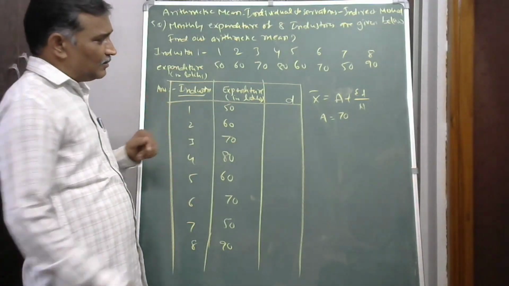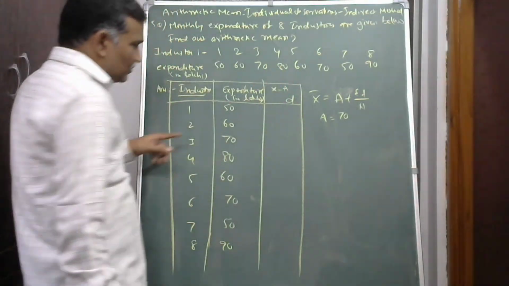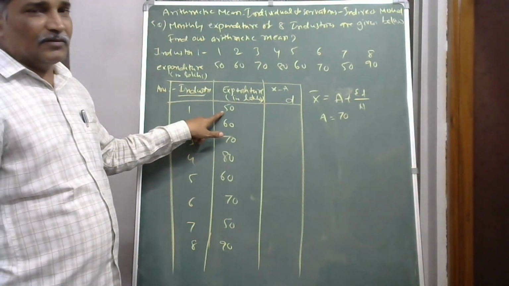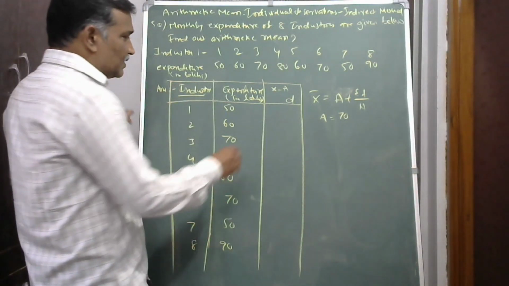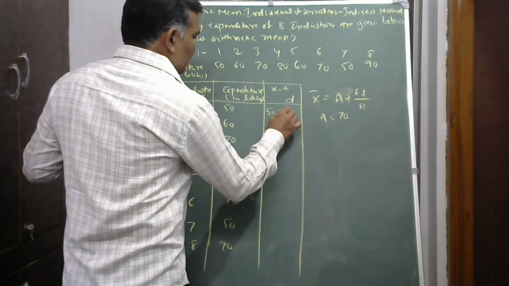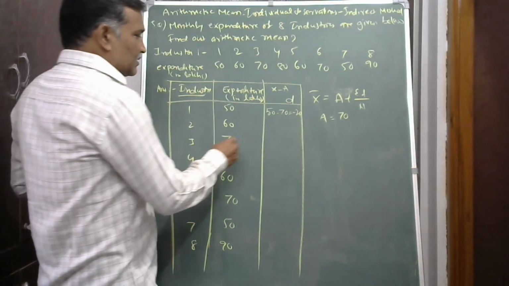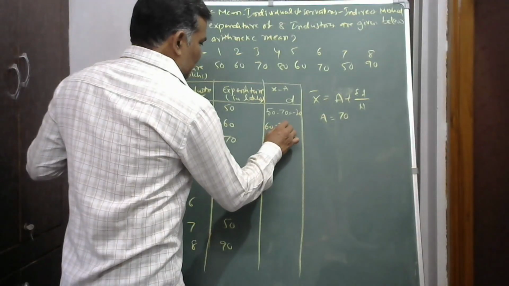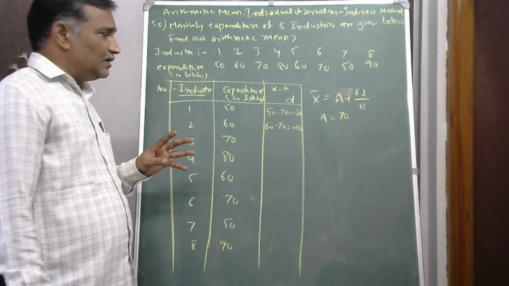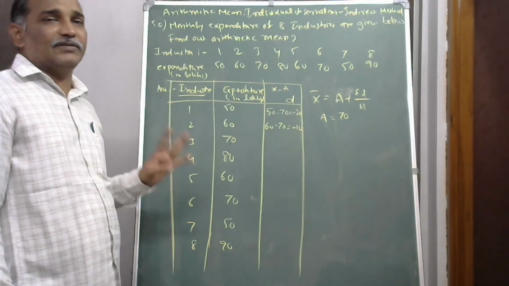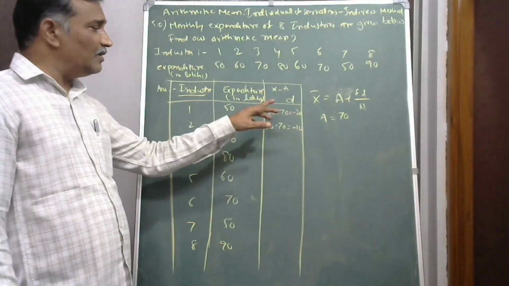After that we have to find the deviations. It is nothing but x minus A. First, the deviation for the first value is 50 minus 70, which comes to minus 20. Next, 60 minus 70 comes to minus 10. We have to deduct the assumed mean from every x value.